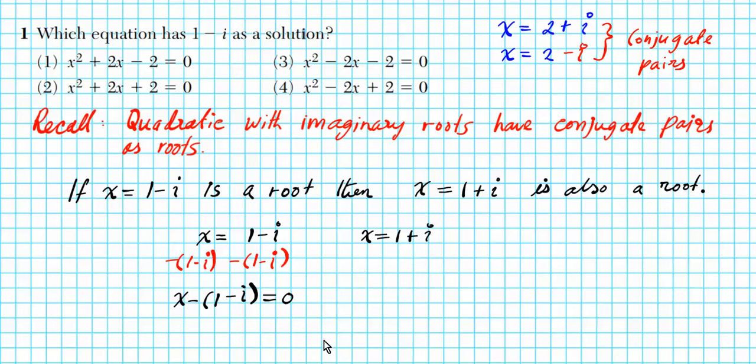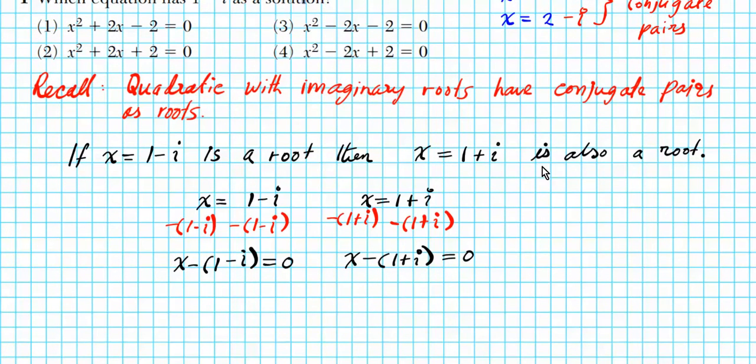So we want to set both of them equal to 0. We're working backwards. Okay, so we're going to have x minus 1 plus i equals 0. Remember, when you're solving a quadratic, you're trying to get x isolated, right? So with working backwards, since x is already isolated here, we're working backwards.